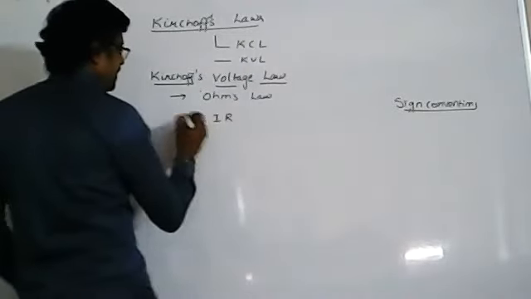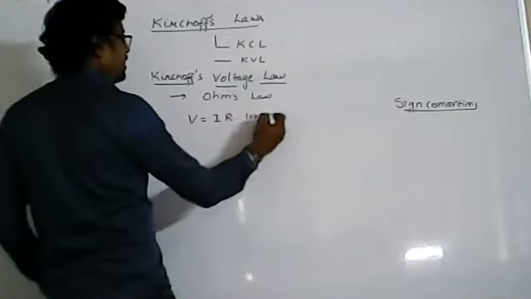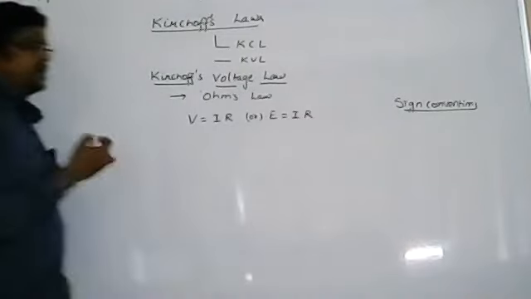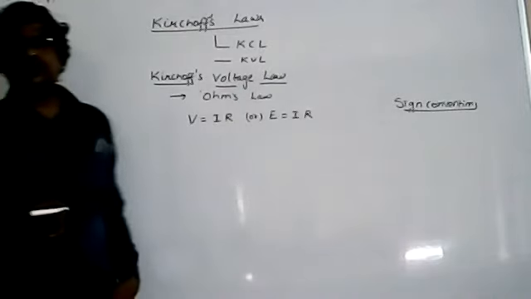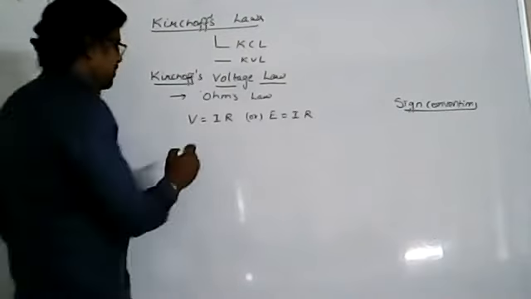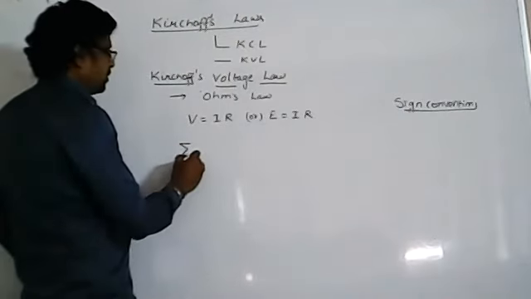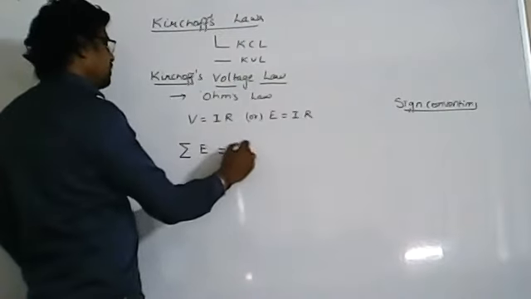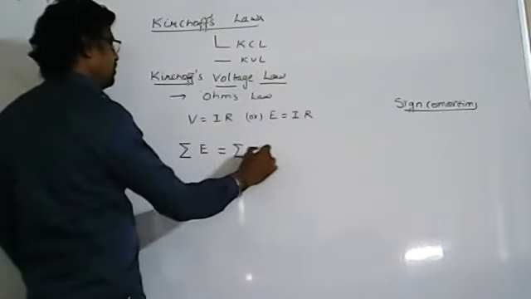V is equal to IR, or someone will write it as E is equal to IR. Either V is equal to IR or E is equal to IR. So it is Ohm's law. If I put a summation, I will write it as summation V equal to summation I into R.